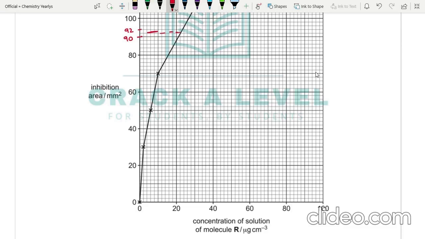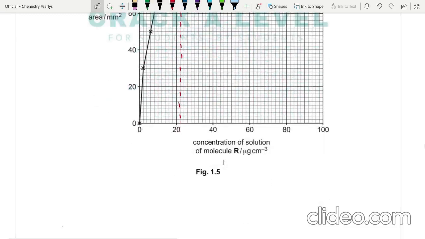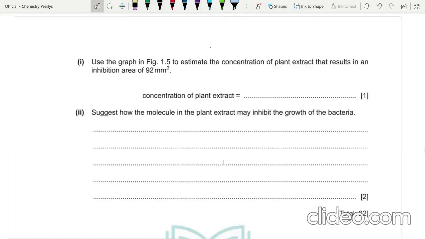This is where it will end up, and let's check the concentration. It will be the first box after the 20th. As one small box is equal to 2 here, it will be 22 microgram per cm cube. 22 microgram cm cube.